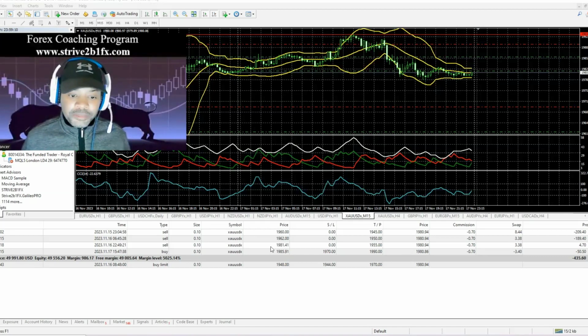But then you see here, I have this beautiful entry on gold at 1981. So what I'm hoping can happen is the price can shoot up to 1985, 1986, so that I can at least close this buy order and then place another sell.